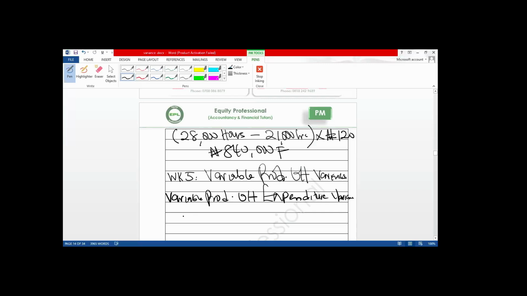What is the formula? Actual labor hours multiplied by variable overhead absorption rate minus actual variable overhead.